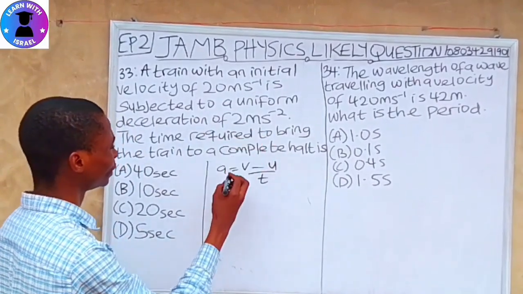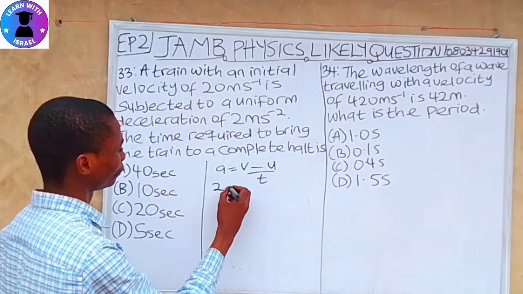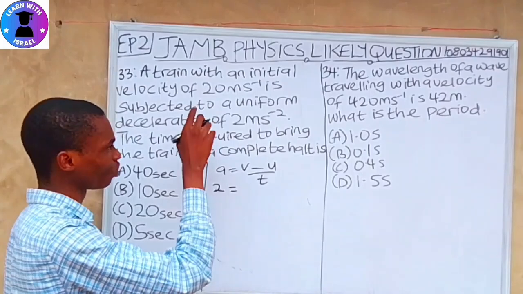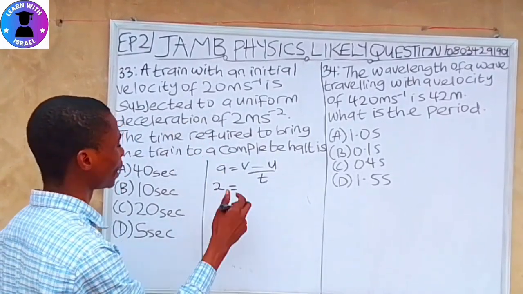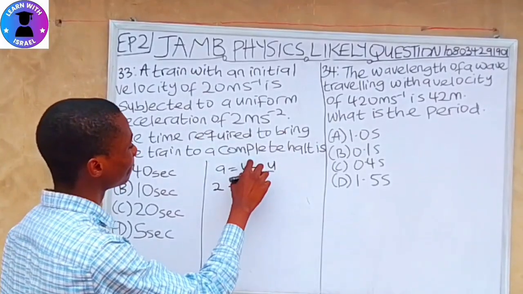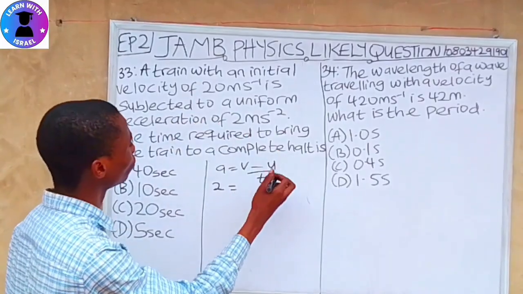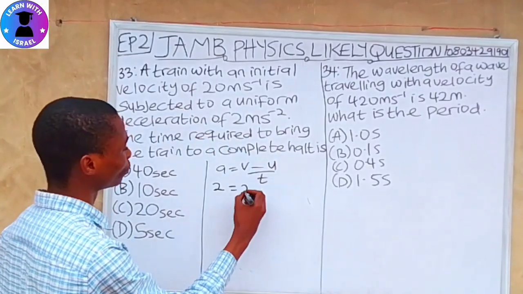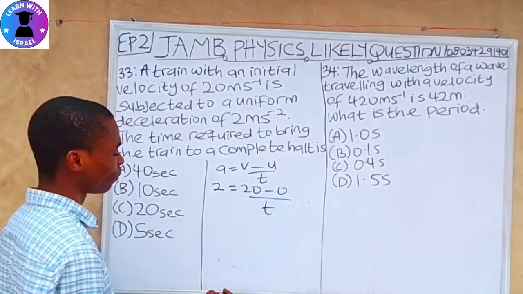Our acceleration is 2 meters per second squared; acceleration is equal to deceleration, it's just that acceleration is plus while deceleration is minus. So our deceleration is 2 meters per second squared. Our final velocity is 0 and our initial velocity is 20. We are looking for our time.